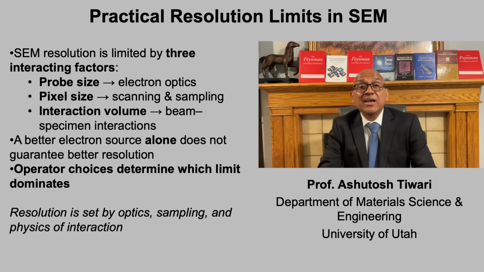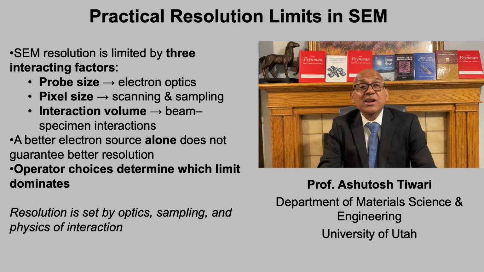Improving one factor cannot compensate for limitations in the other. Fine sampling cannot recover information lost to a large probe or a large interaction volume, and a very small probe cannot overcome coarse sampling or deep signal generation. This is why SEM resolution is not the same as magnification.